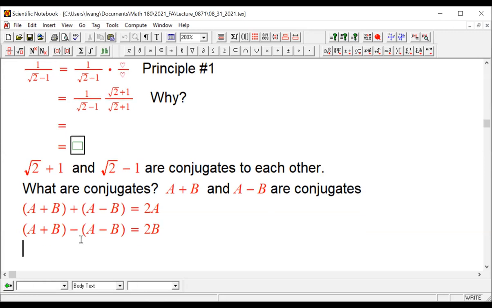And what if you multiply them? Wait, what's the opposite of square root called? Squares, yeah. A squared minus B squared.